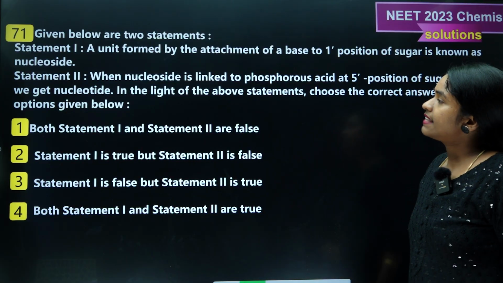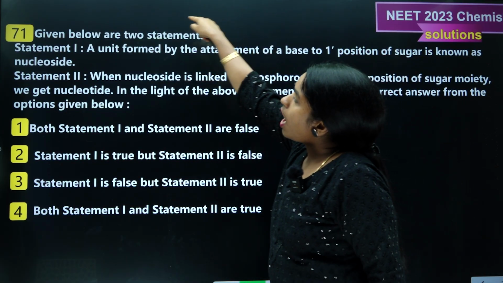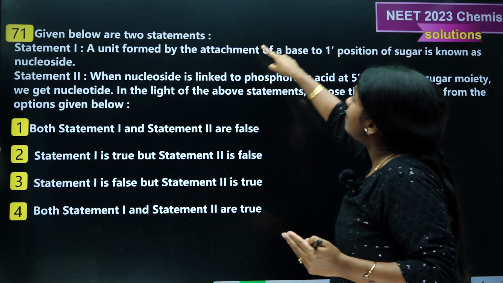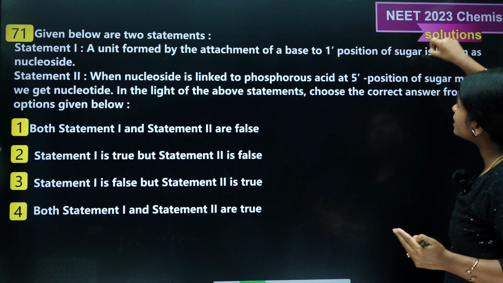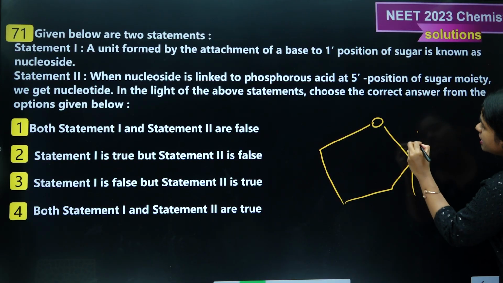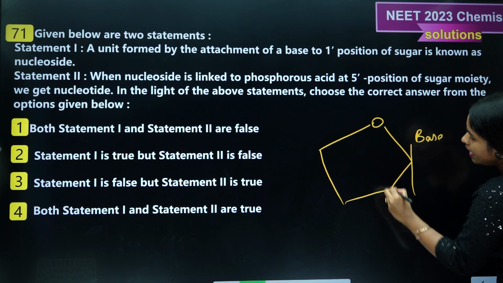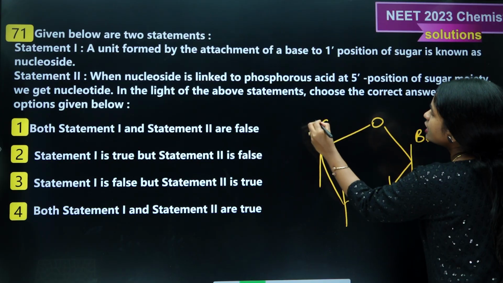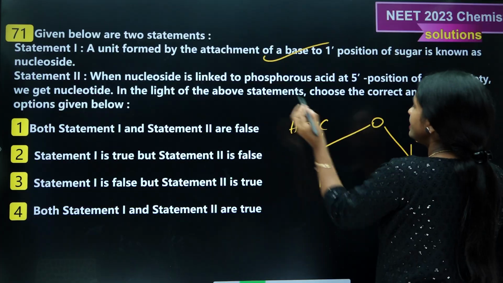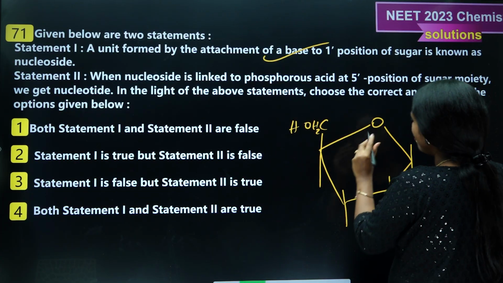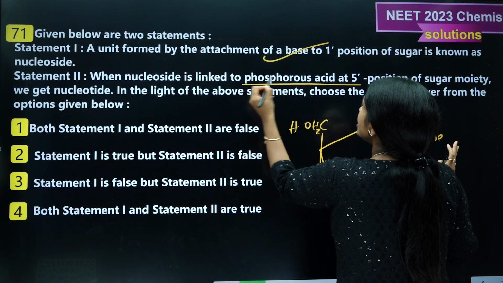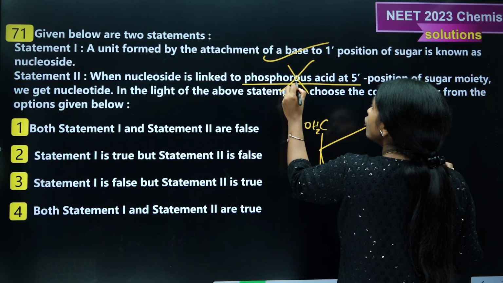Let us see question number 71. Given below are the two statements. Statement 1: a unit formed by the attachment of a base to the first position of a sugar, like ribose, is called a nucleoside. Here you can observe CH2OH as usual, so this is correct. Statement 2: in the ribose sugar with a base, at the fifth position phosphoric acid will be there, not phosphorus acid.